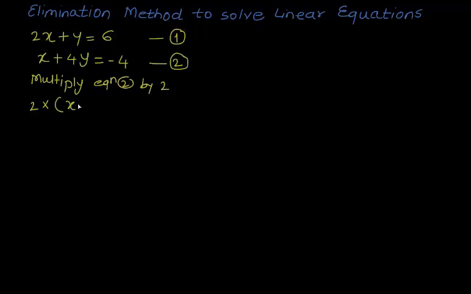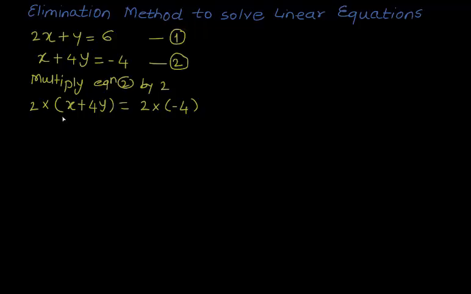So 2 into x plus 4y is equal to 2 into minus 4. As we are multiplying both sides by the same number, the equation will be in balance.